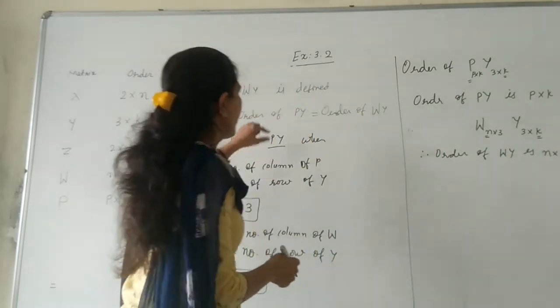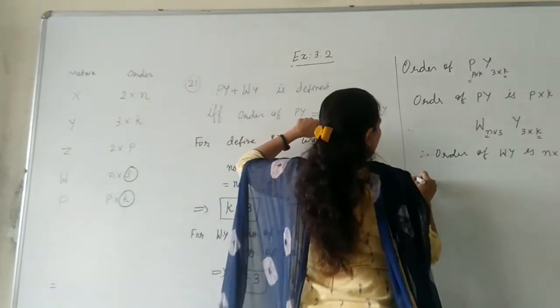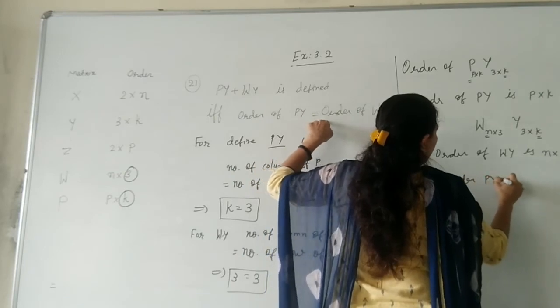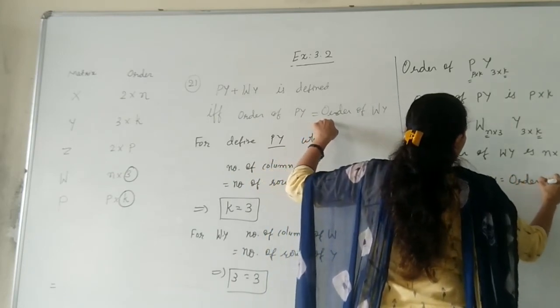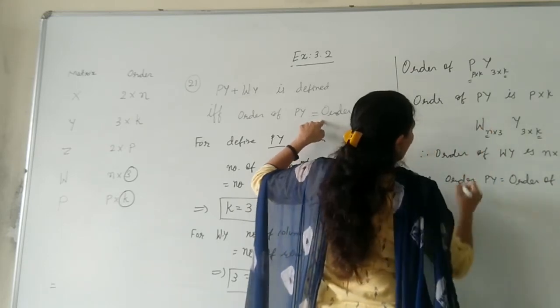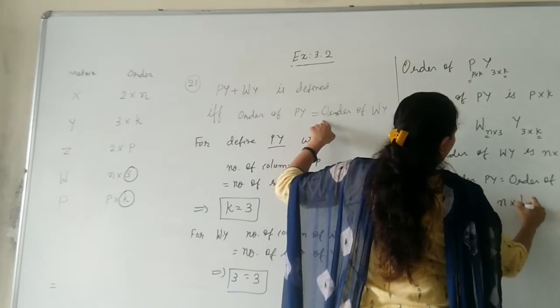Therefore the order of W into Y, taking the row and column, is n cross k. Now when will it be defined? When the order of PY is the same as the order of WY. What is the order of PY that you have? p cross k, and here n cross k.